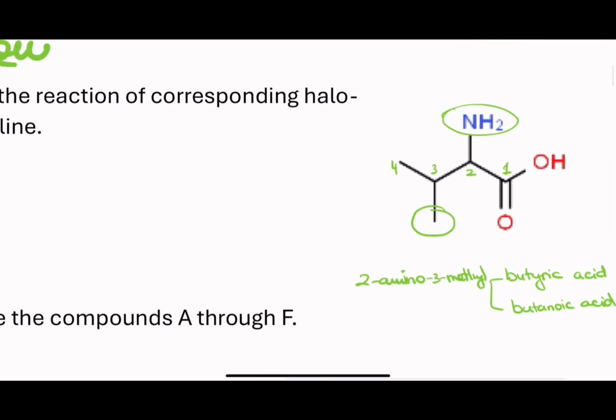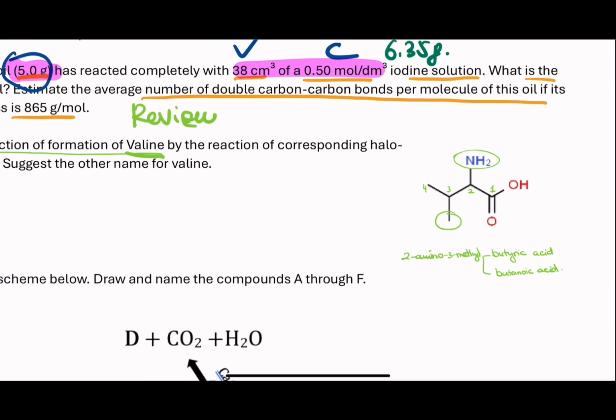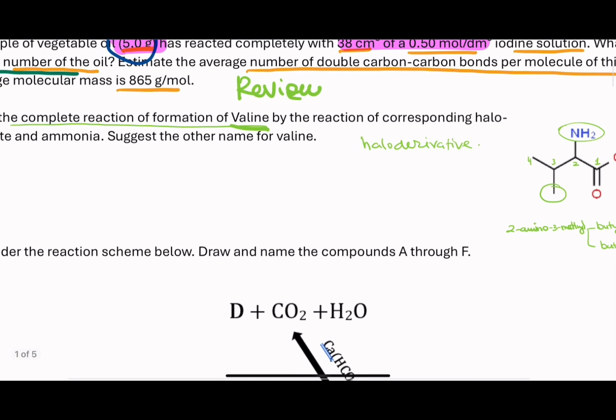So we have done this with you guys, that in here we can use a halo derivative. Halo derivative meaning instead of the amino group, we're going to put one of the halogens. So let's say we put chlorine instead.